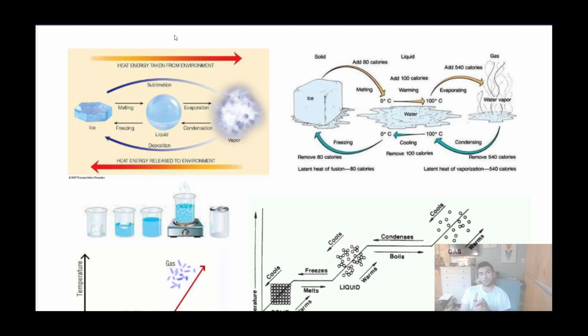That will change the temperature. Or heat energy can be converted to potential energy, and it can work on either separating particles from one another, like weakening intermolecular forces or weakening bonds, or strengthening intermolecular forces or bonds between particles to bring them closer together.